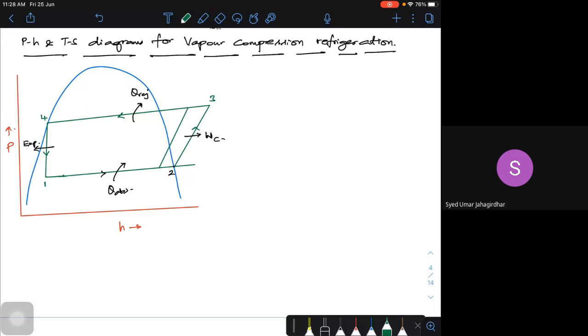If the condition of the refrigerant at the end of evaporation is dry saturated, that is, if it is superheated, I'll be going to this particular point. I'll tell you what is the advantage of it. Let me call this 2 dash, this 3 dash, this 2 double dash, this 3 double dash.